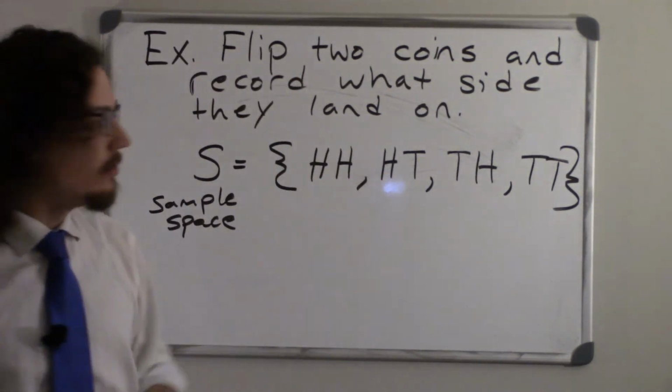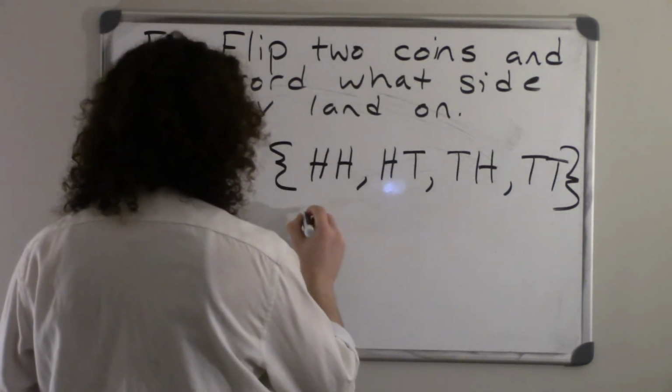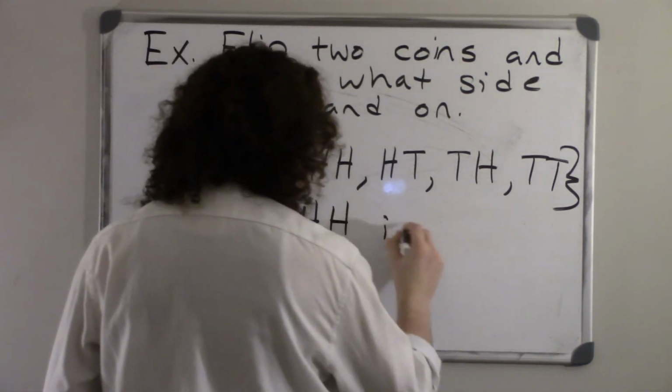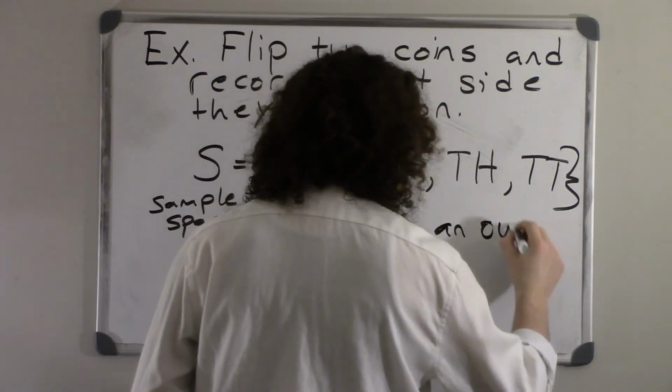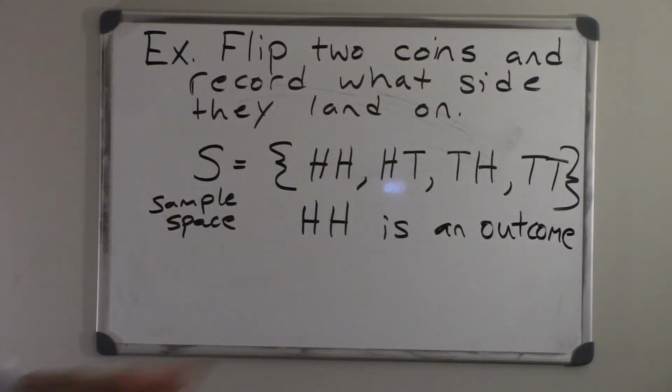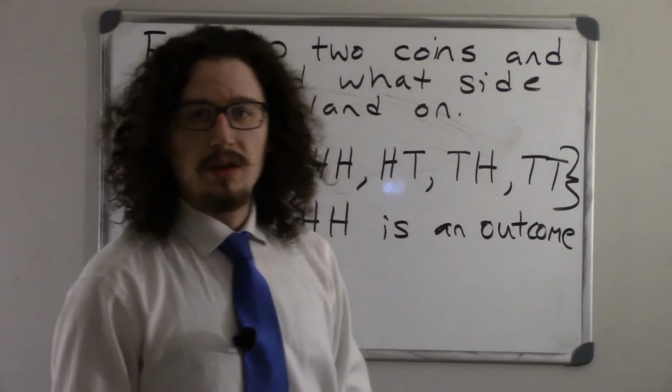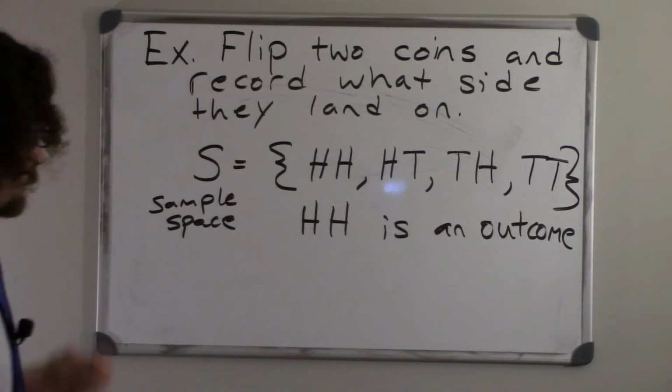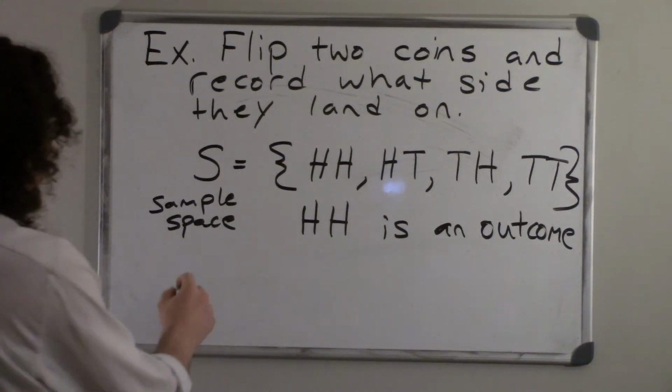If we were to just grab one of them, say HH, this would be an outcome. So any one of these is an outcome.